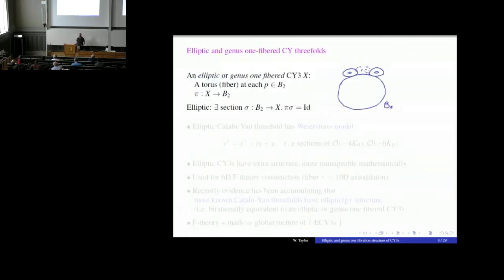So let me just say a little bit about elliptic and genus 1 fibered Calabi Yaus. If we have a projection from the Calabi Yau to a base, basically we can have an elliptic or genus 1 fibered Calabi Yau if there's such a projection map where the preimage of the generic point is a torus, and it's called elliptic if there's a global section, otherwise it'll be genus 1.